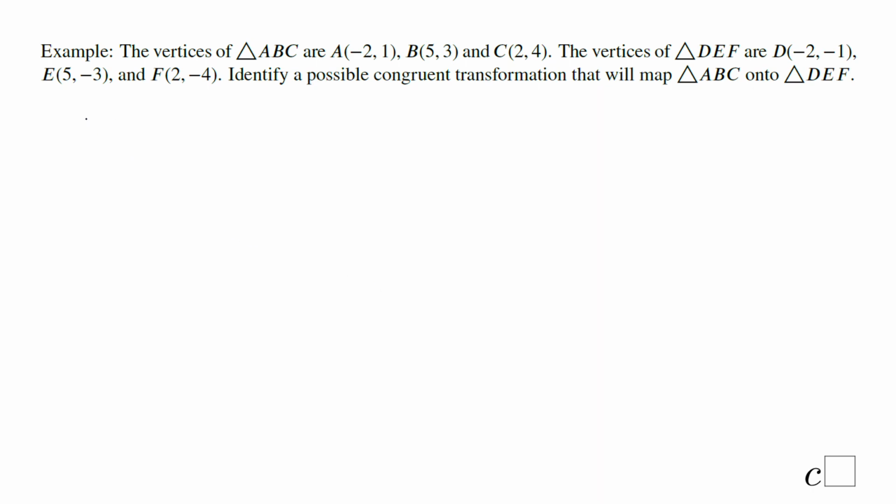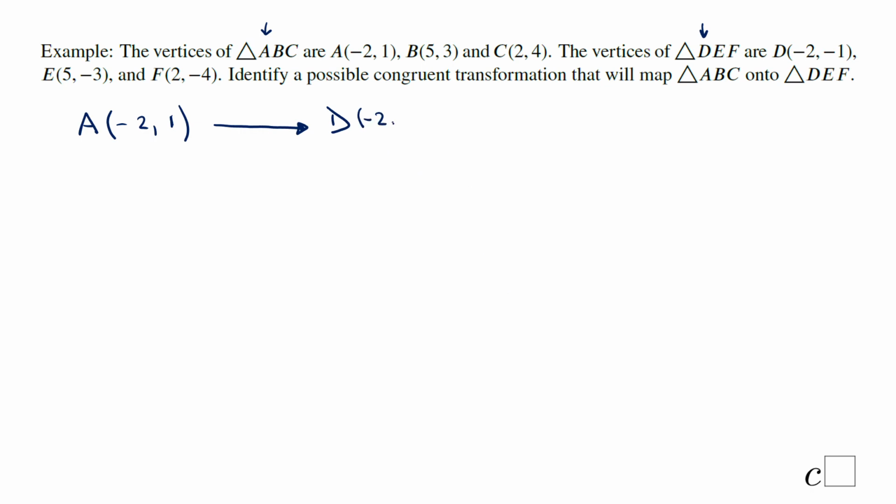You notice here, sometimes you don't have A prime, B prime, C prime, of course, so you have to know how to match them. But in this case, A is matched with D. Why? Because A is the first one here, D is the first one here. And I'm taking a look at D now. So A is -2 and 1, and D is -2 and -1.